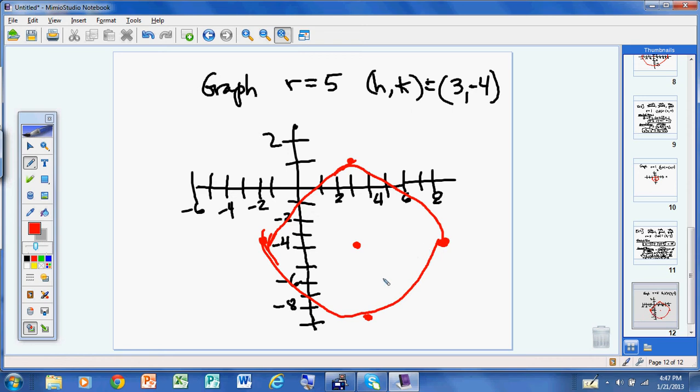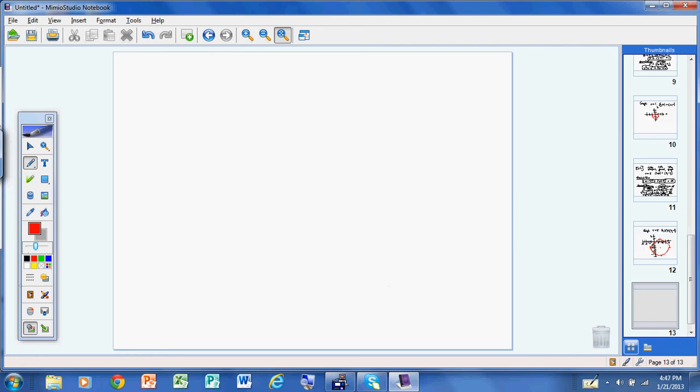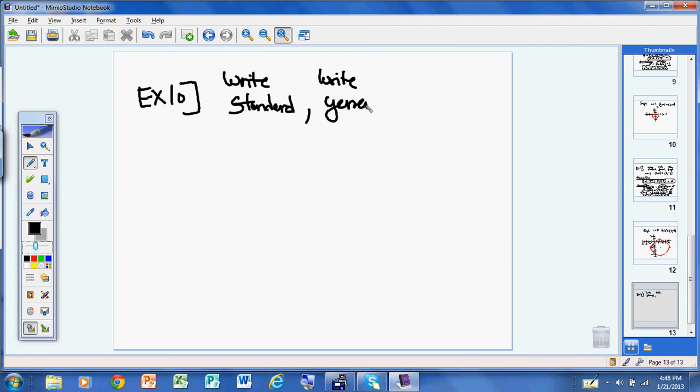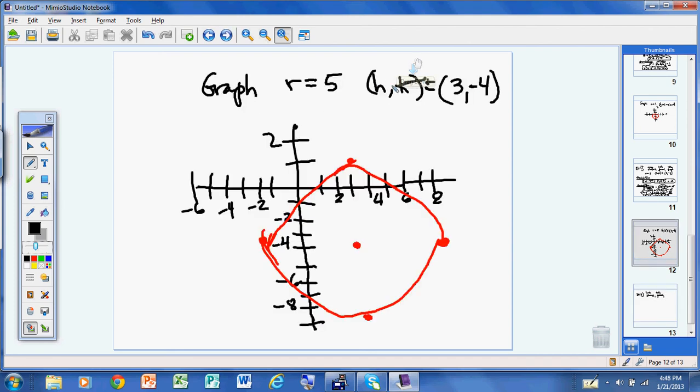Okay, let's do our last problem now. Our final example, example 10. Again, it is still asking us to write standard form, write the general form, and then graph.